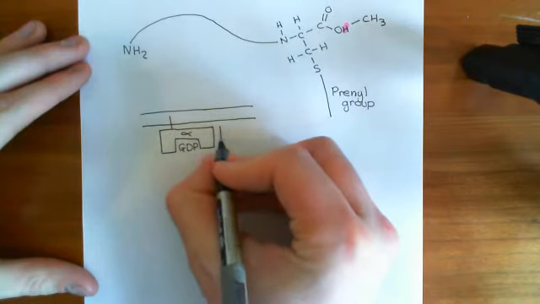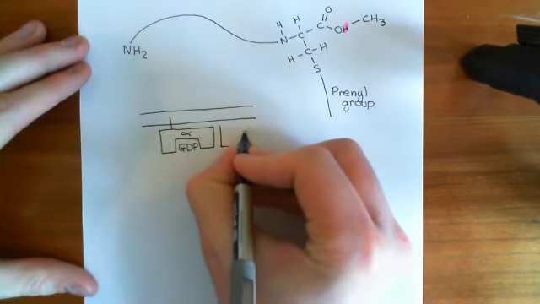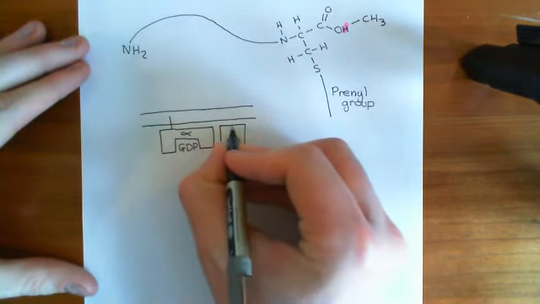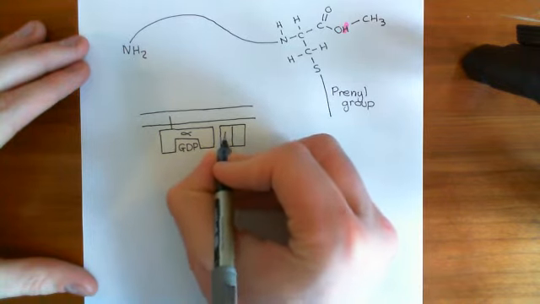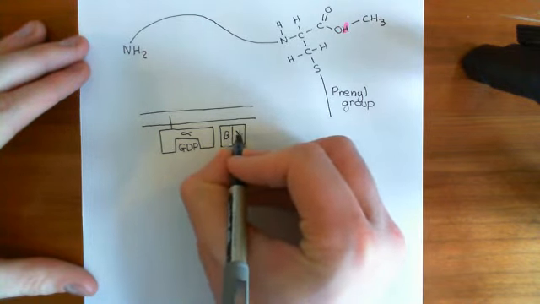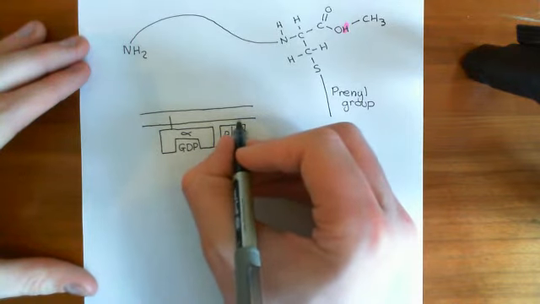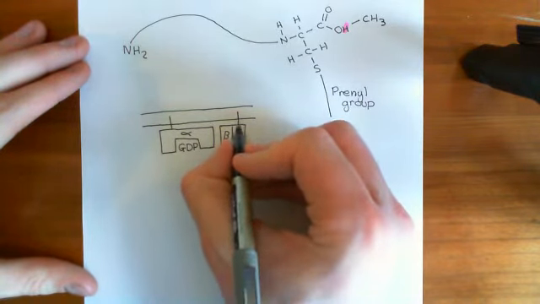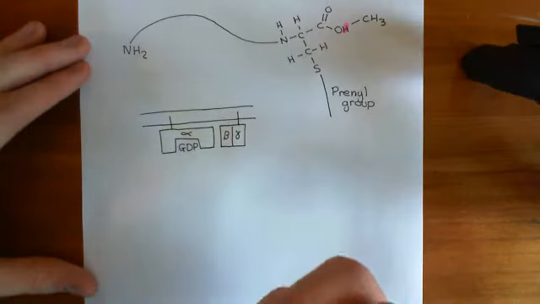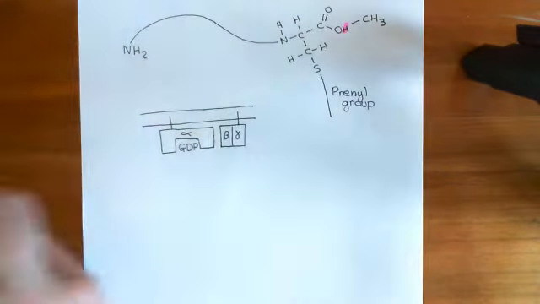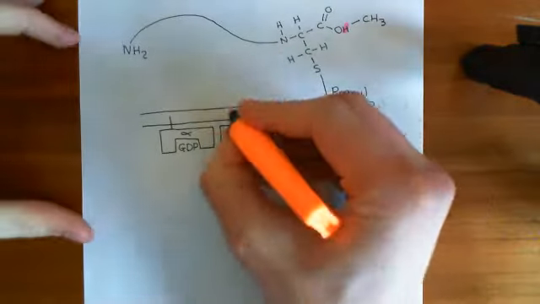Okay, then you have this complex of beta and gamma subunits, which will be bound to the alpha subunit. So here's a beta subunit, and here's our gamma subunit, and the beta subunit doesn't have a lipid modification, so it relies upon the gamma subunit having its prenyl group. So the gamma subunit has this prenyl group here, so let's have that in orange.